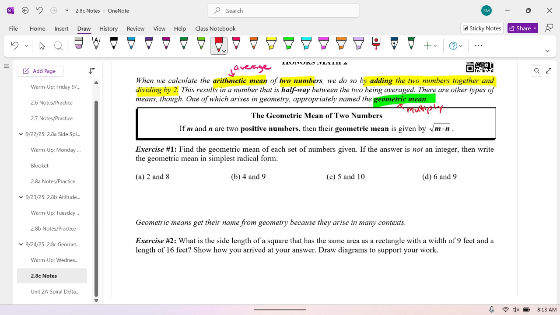What a geometric mean of two numbers is, if you have m and n, which are two positive numbers, so we don't want any negatives in here, their geometric mean is given by m times n, and then you take the square root.